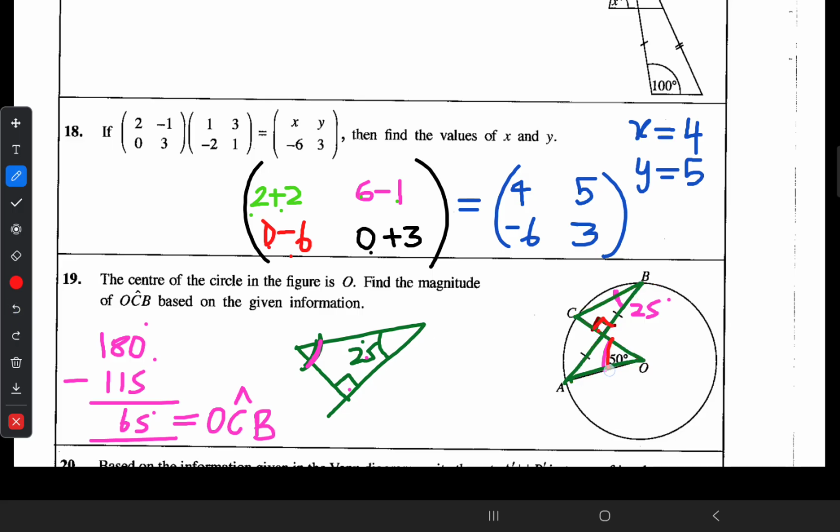So the angle in center is double of the circumference angle. So 25's double is 50. So here it would be 25. Thereafter, sum of interior angles in a triangle is 180. From 180, when we subtract the other two known angles, that would be 65. OCB.